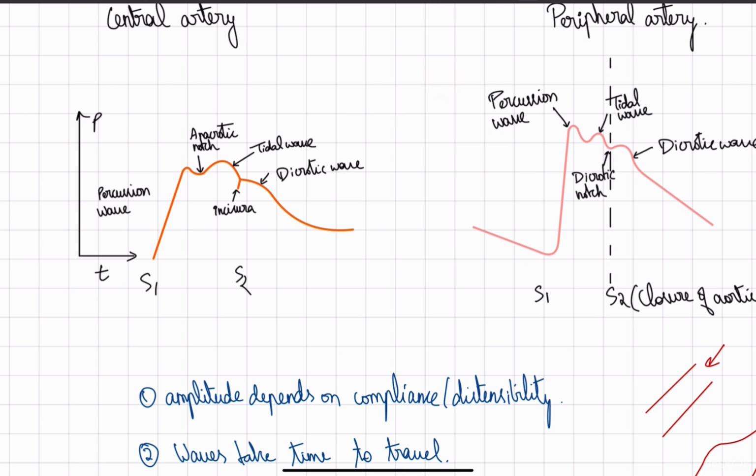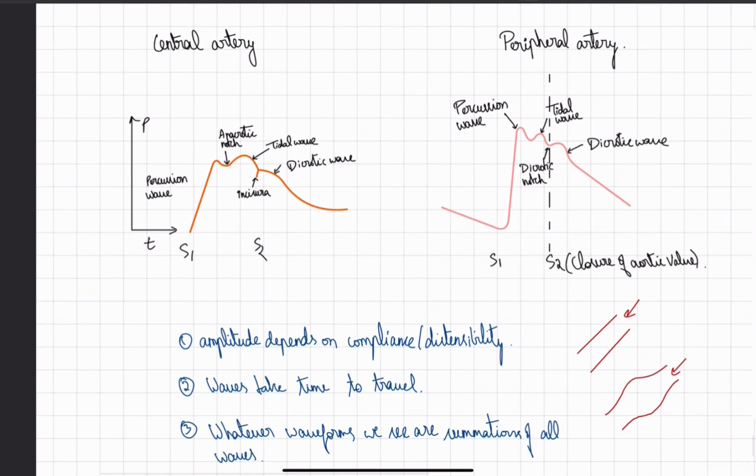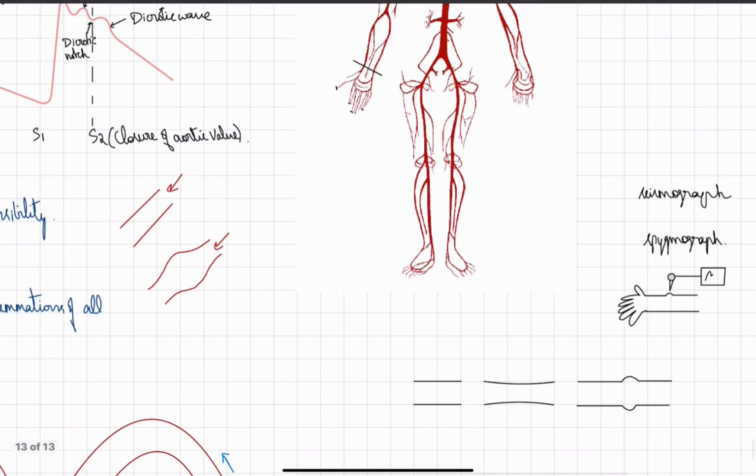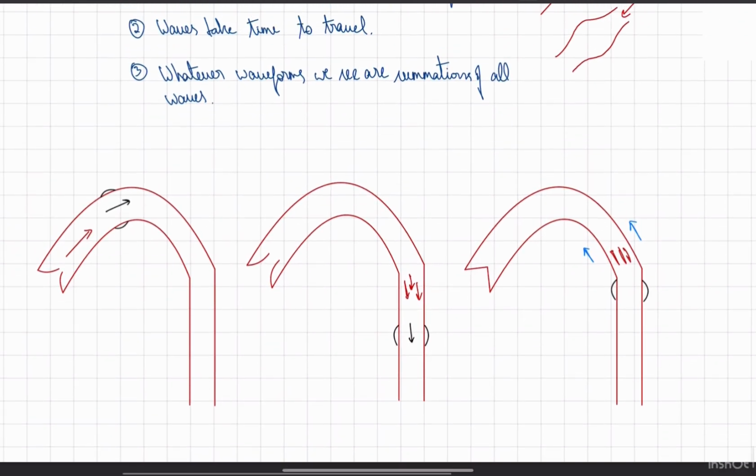Okay, now. So after the tidal wave, the aortic valve closes. A very, very important phenomenon has happened. The aortic valve has closed. Okay, so the percussion wave has gone down, and the aortic valve suddenly closed. Now what happens?